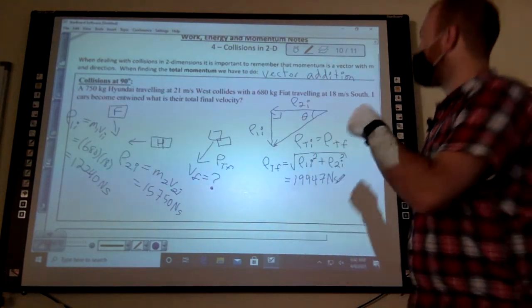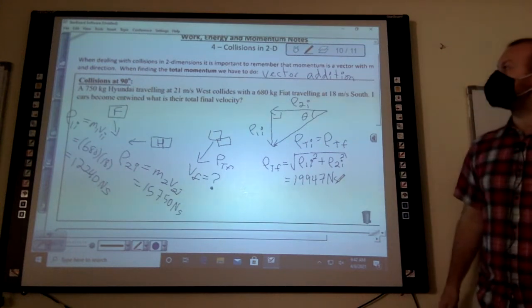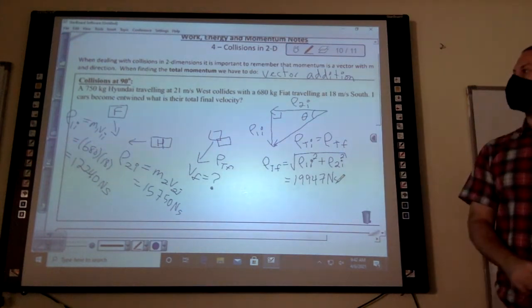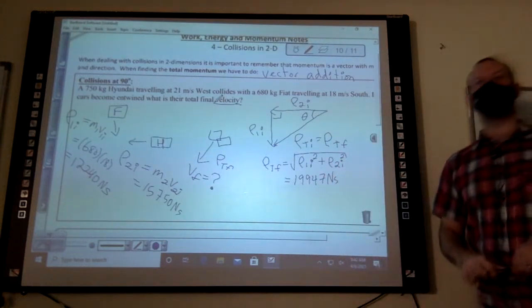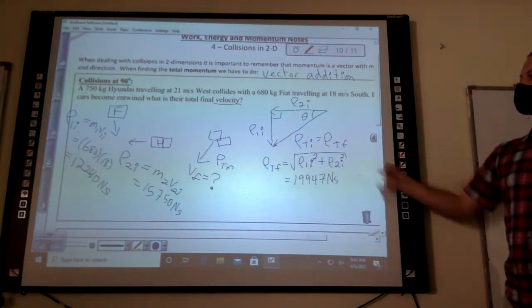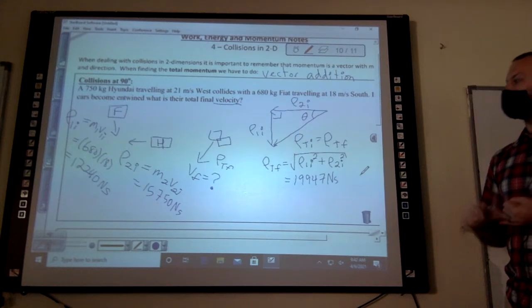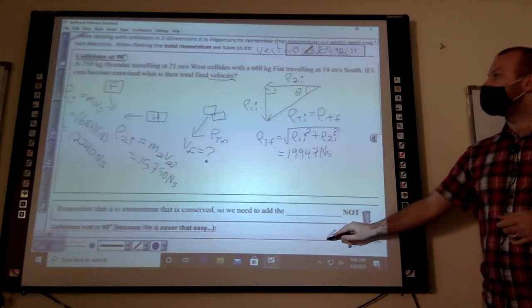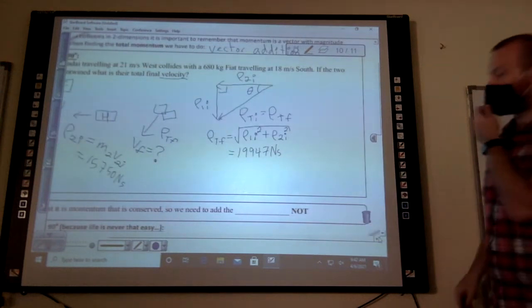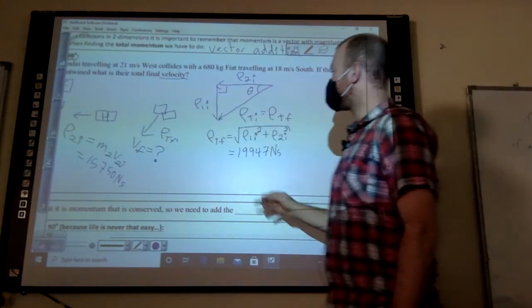But notice we're not asked for what's the total final momentum. We want what's the total final velocity. And note, velocity, not speed, velocity. So that means I need both the magnitude and I need a direction. So I need two things.